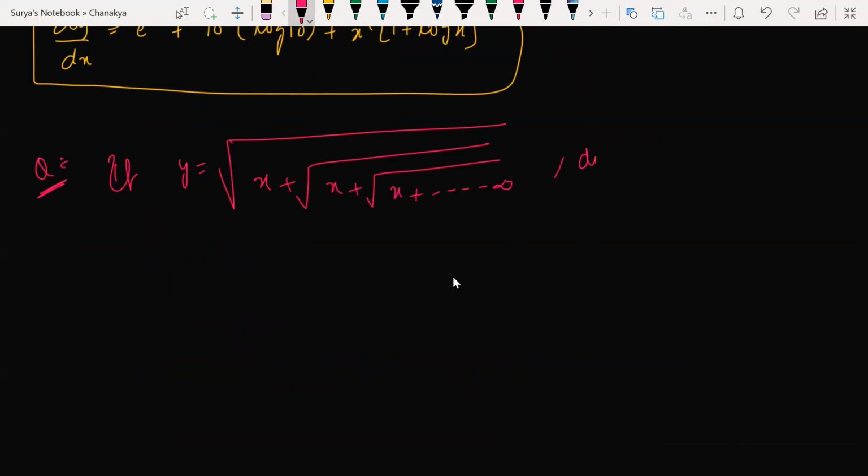Find the dy by dx. Please do solve this.